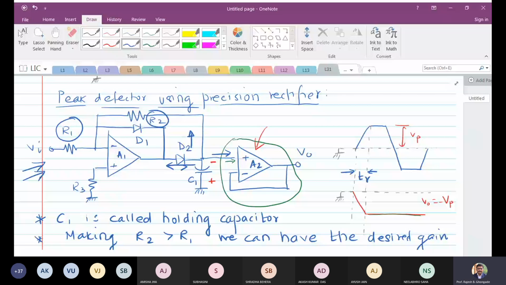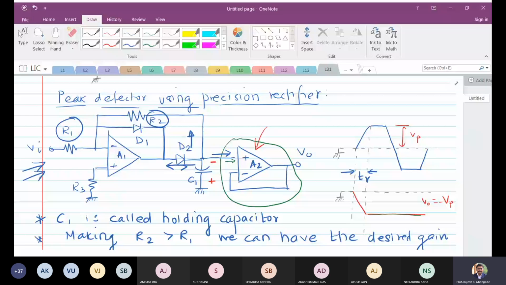Why is the input impedance of the circuit less? Basically, what is the configuration that you are using here? Whether it is inverting configuration or non-inverting? Inverting. And we already know the input impedance of an inverting amplifier as compared to the input impedance of a non-inverting amplifier.